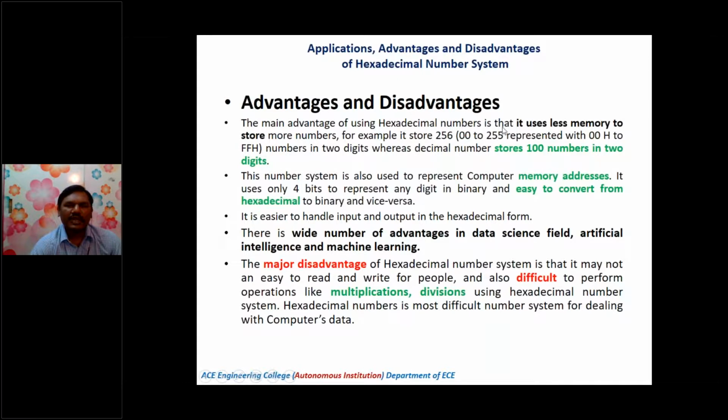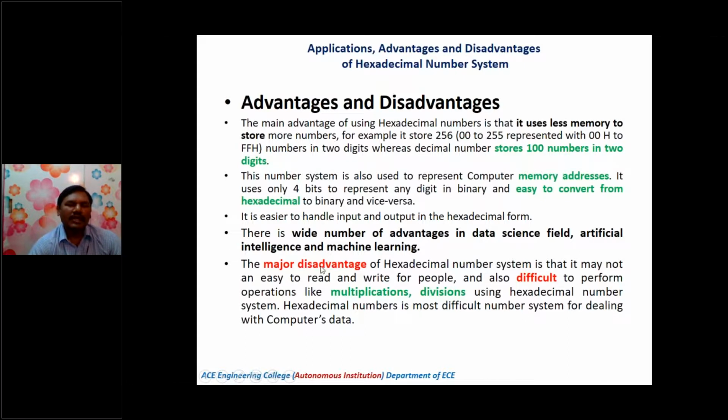So this is one of the advantages. More number representations are there, and we also use it to represent memory addresses. One more advantage is that it is used to handle input and output in hexadecimal form, with a wide number of advantages in the data science field, artificial intelligence, and machine learning.